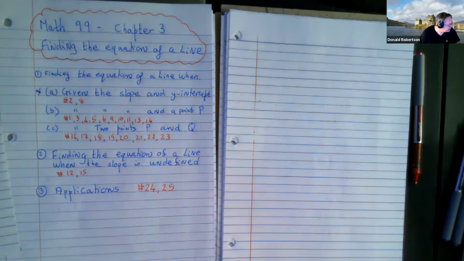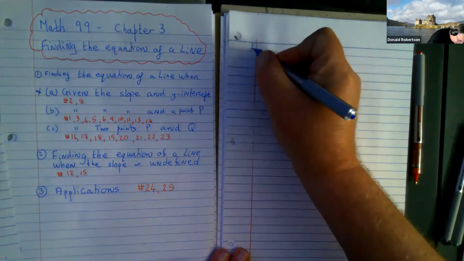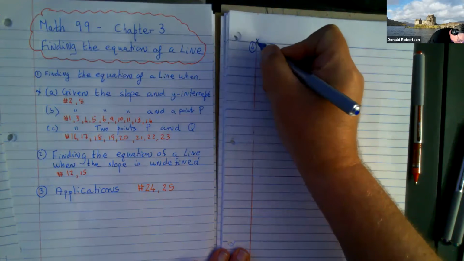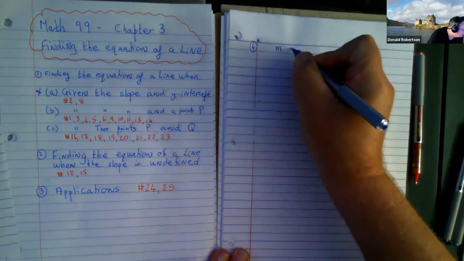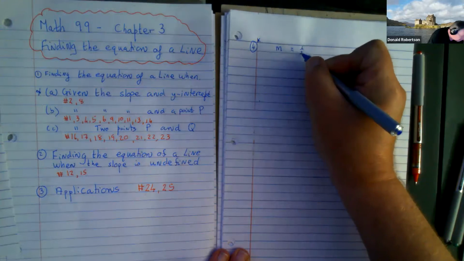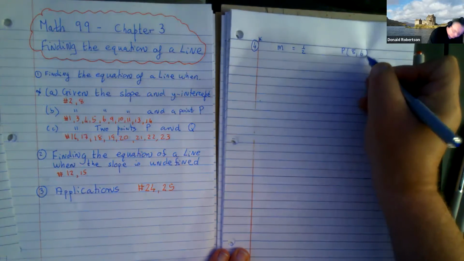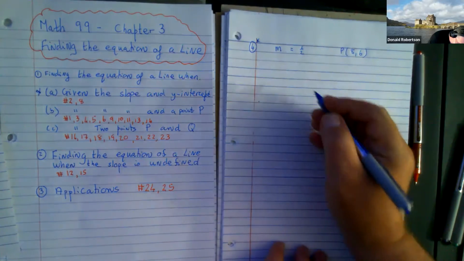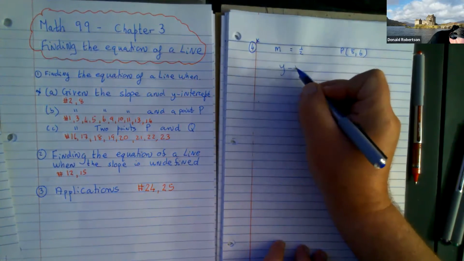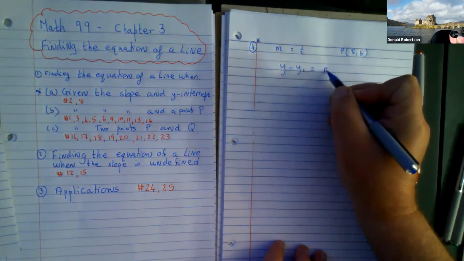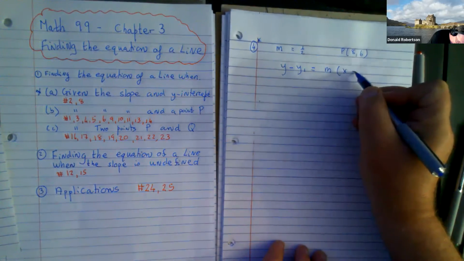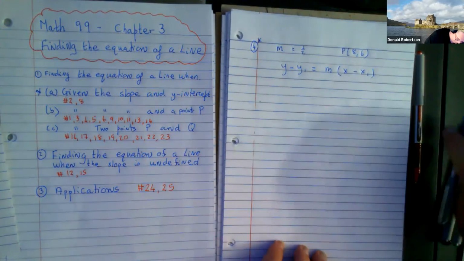So let's pick a couple examples of questions like that. This, for instance, is a version of question 4, where the slope of the line happens to be a half, and the point that we are told it passes through is (8, 6). So y take away y1 is m brackets x take away x1.